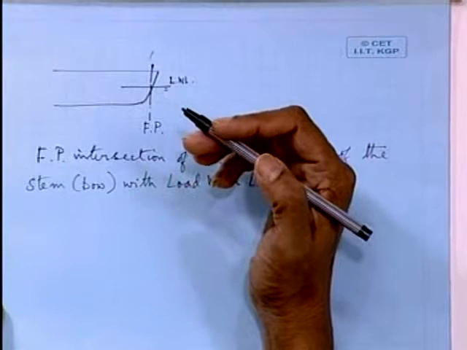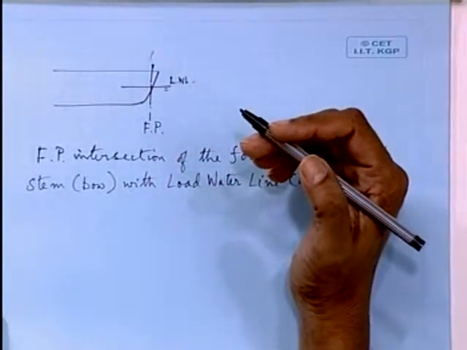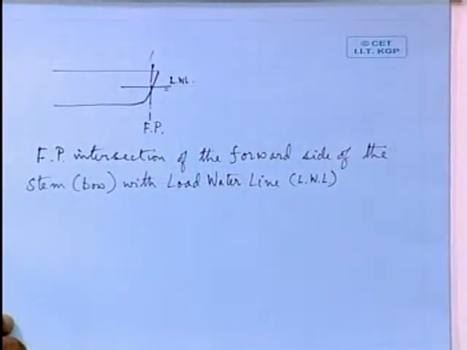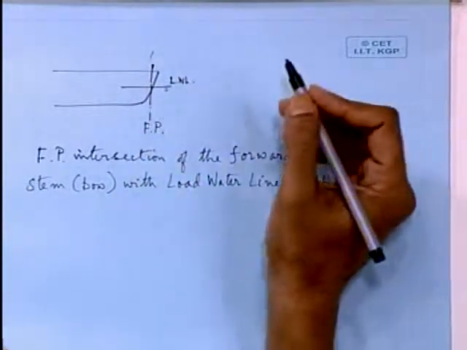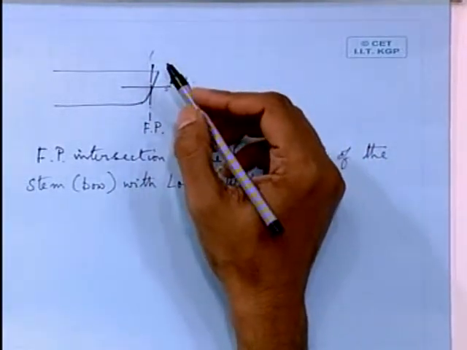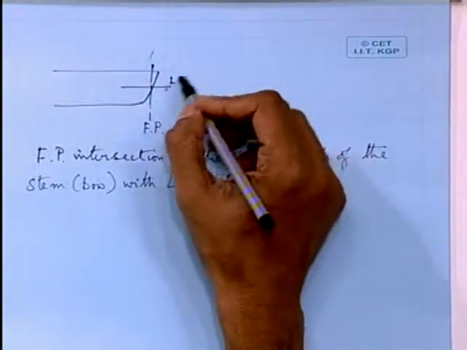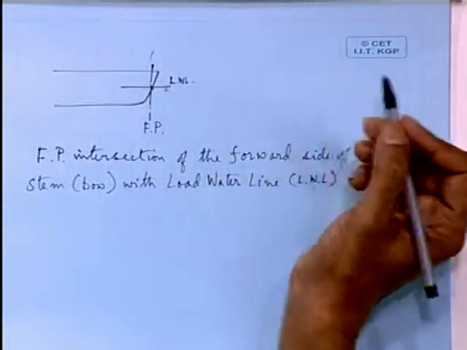That is, you are leaving out the shell thickness for your calculation purposes of buoyancy, stability, displacement, weight, etc. So in that way, actually the forward perpendicular should be based on your molded line, but since it is difficult to view or imagine the forward perpendicular, normally from outside we take it as the intersection of the load water line with the forward part of the stem.